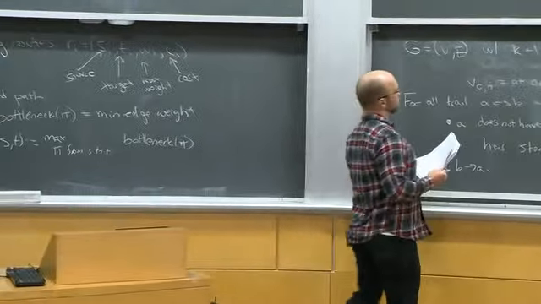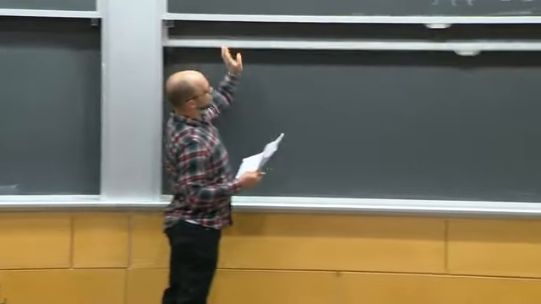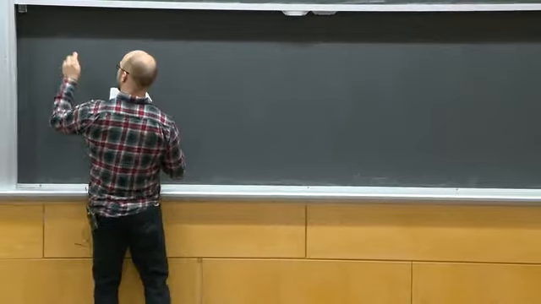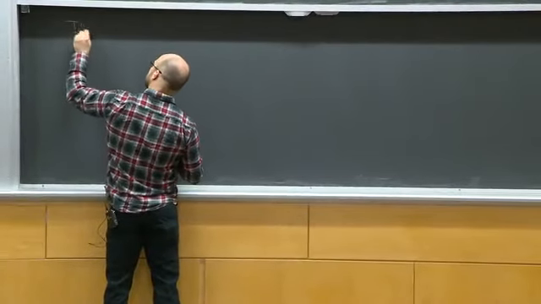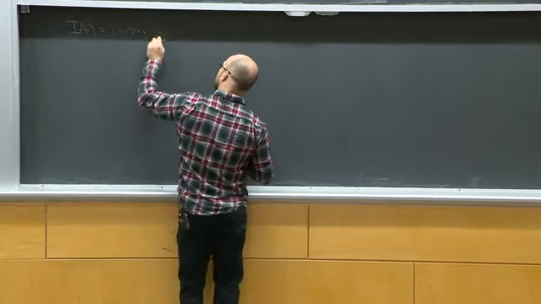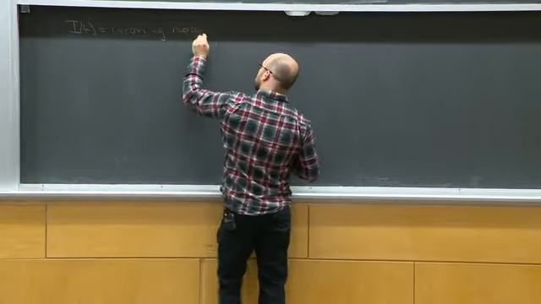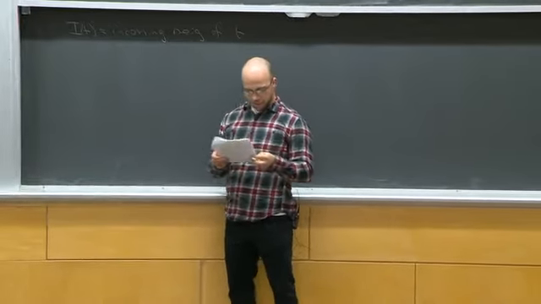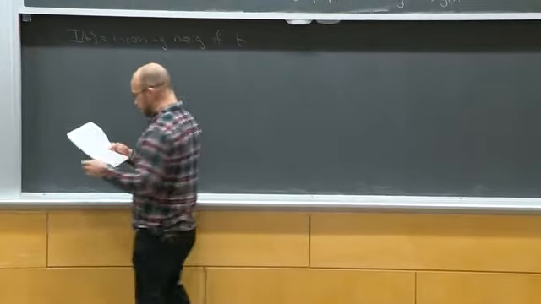Okay, and then, right. Writing too big. Hopefully I won't run out of space. We're going to make one additional definition, which is I(t) is the incoming neighbors of t. Okay? And then the problem is asking you to prove a particular inequality here.